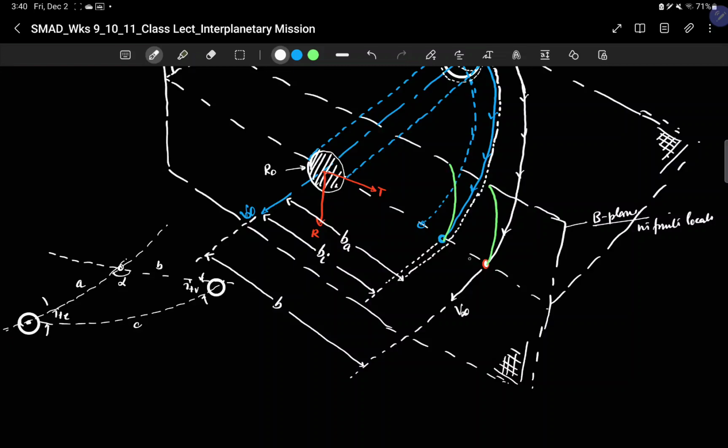Only at that point will it be in the same plane. So the spacecraft is coming down at an angle and trying to meet the orbit plane of the target planet at point B. And if you project it, then it will cross underneath this planet.